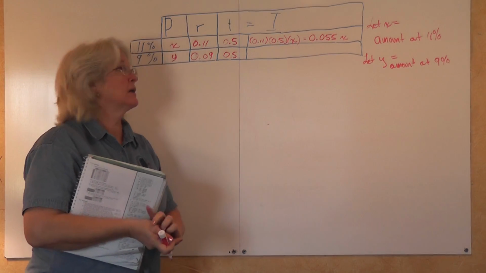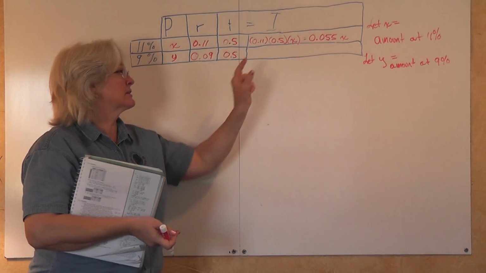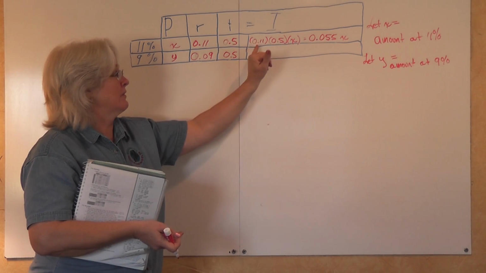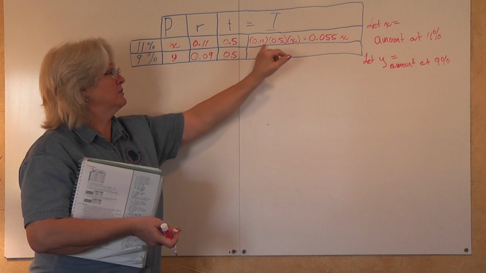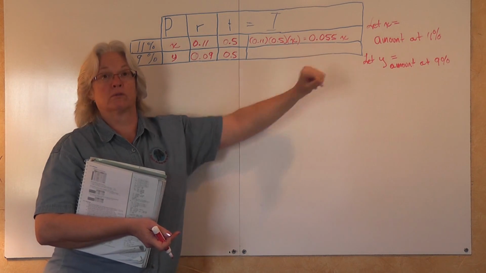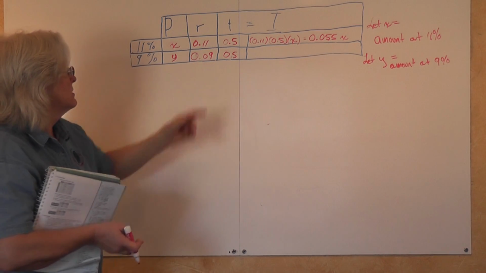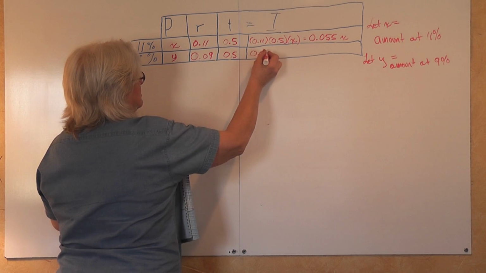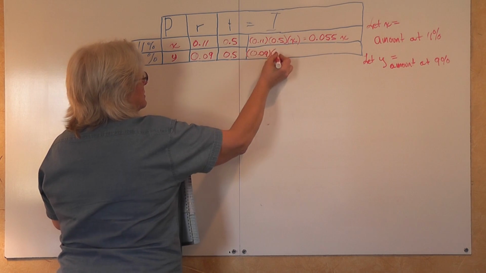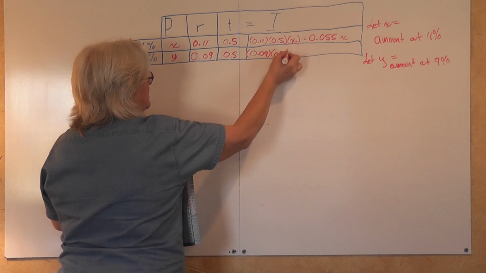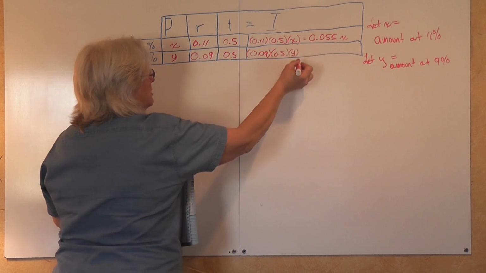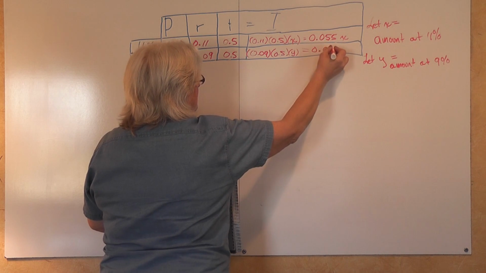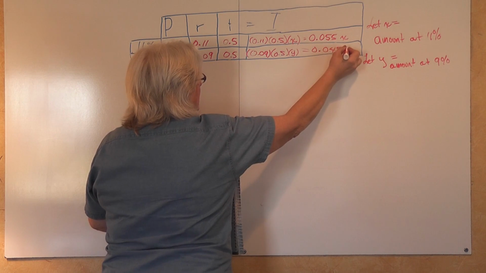Don't make the mistake of saying 0.55X because 5 times 11 is 55. You have to count your decimal places. 1, 2, 3, 1, 2, 3. For the 9% investment, 0.09 times 0.5 times Y is 0.045Y.